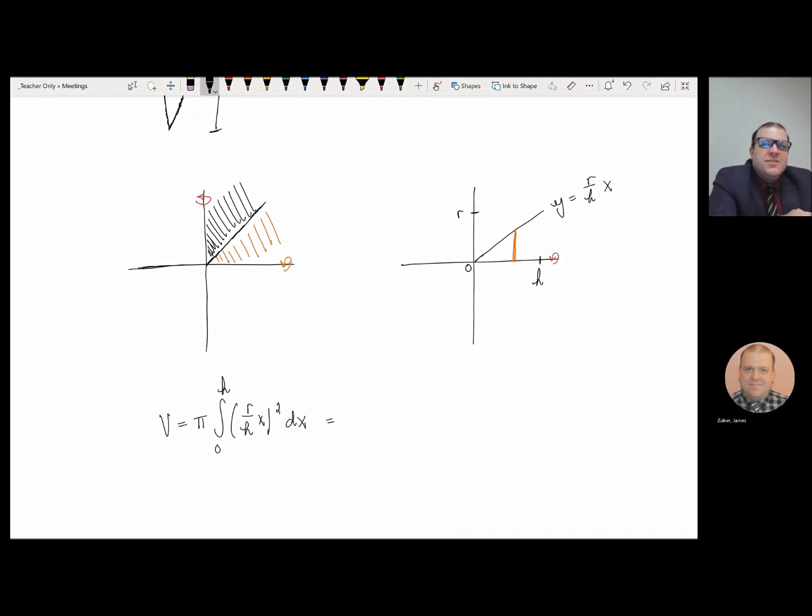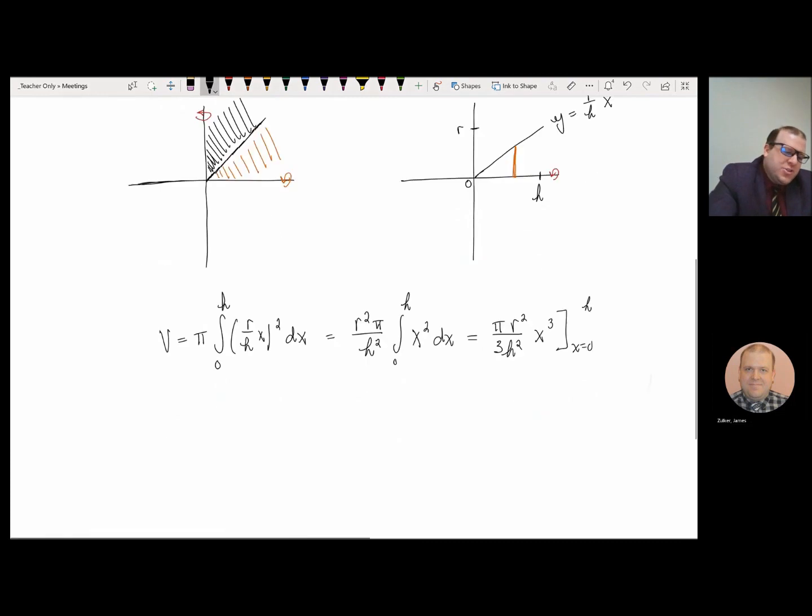r is a constant, h is a constant. So r over h all squared would be a constant. So let's just factor it out. It'll be a third x cubed as the antiderivative.